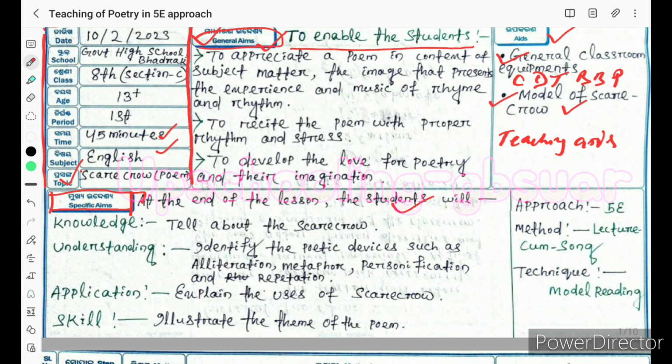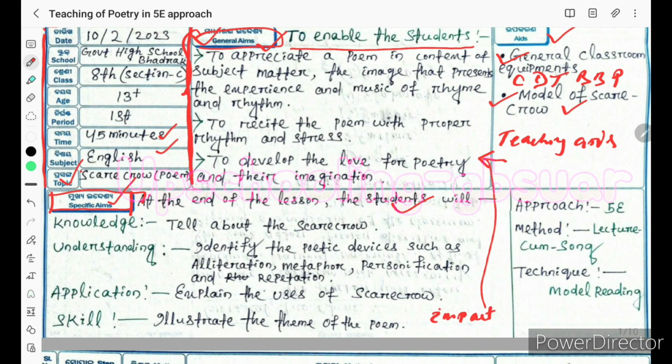The general objectives are different in terms of teaching prose, poetry and grammar. The general objectives of teaching poetry are different from those of teaching a prose lesson. Why should we teach a poetry lesson, or what is the impact of teaching poetry on the students? These come under the general objectives.